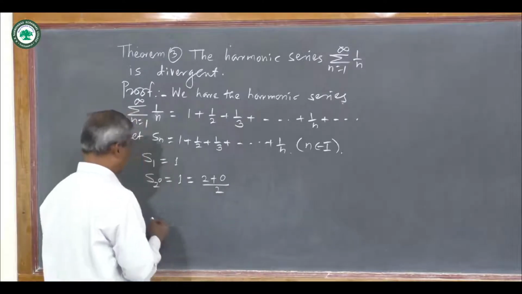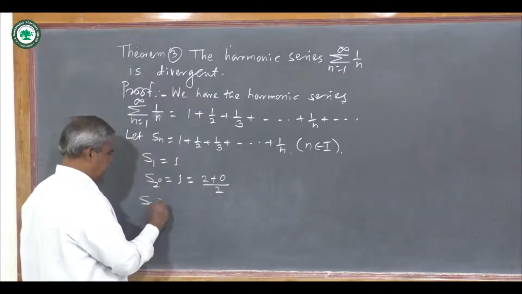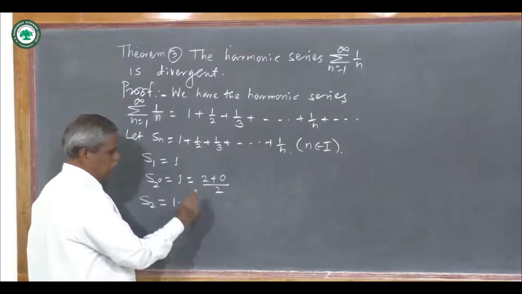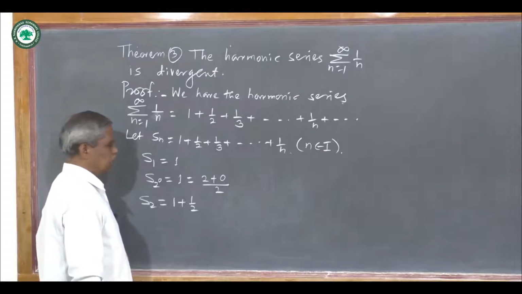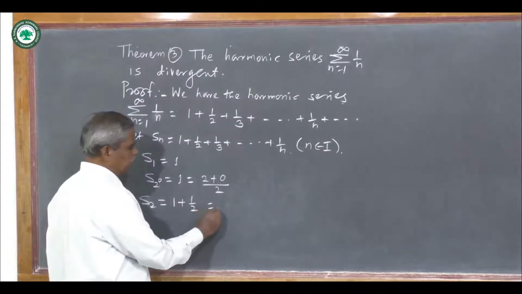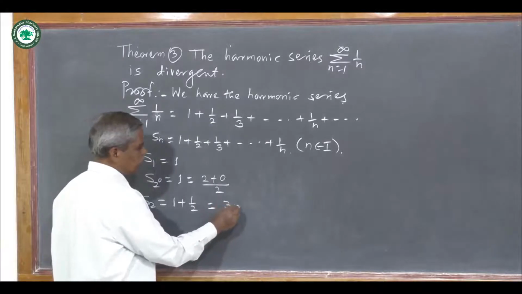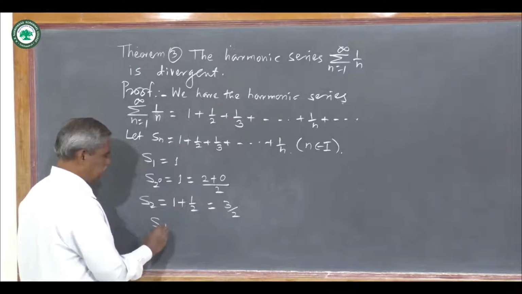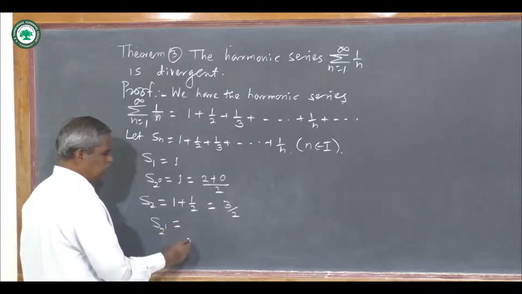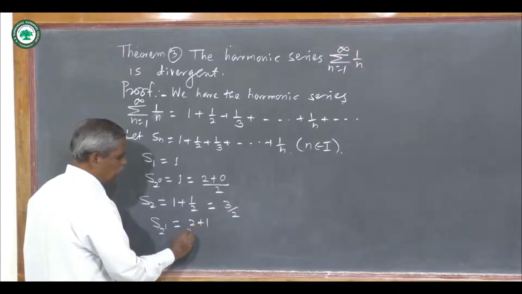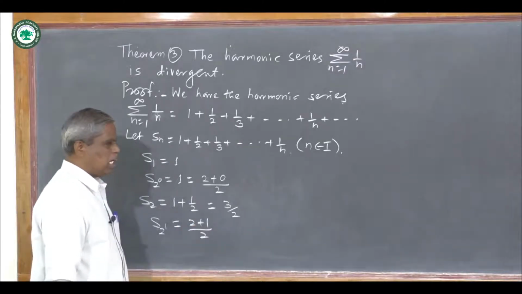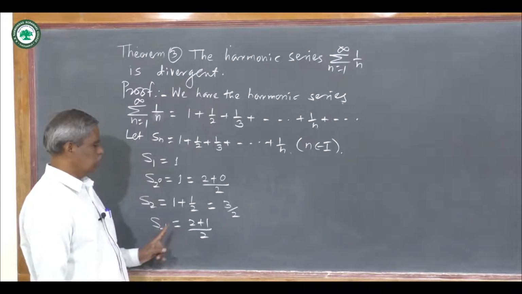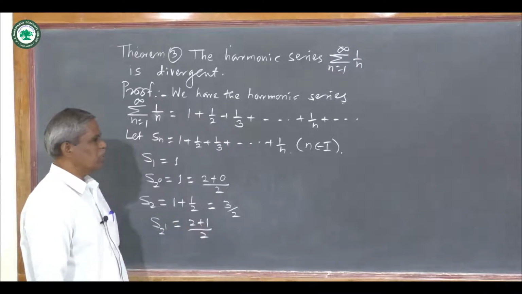S suffix 2 is equal to the sum of the first two terms, 1 plus half, which is equal to 3 by 2. S suffix 2 to the power 1, that is S2, is equal to 2 plus 1 upon 2.